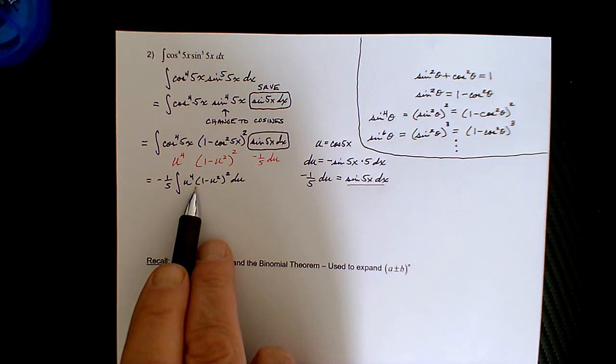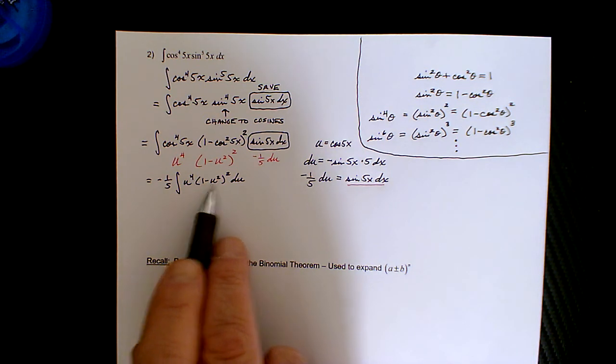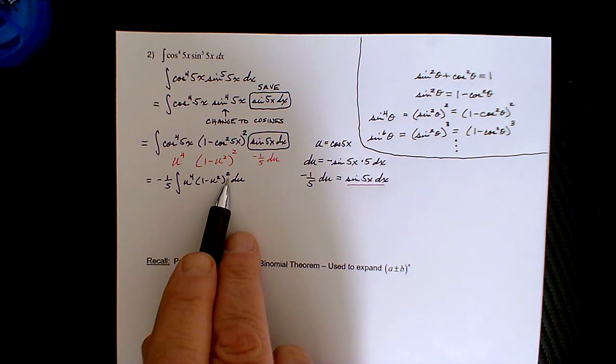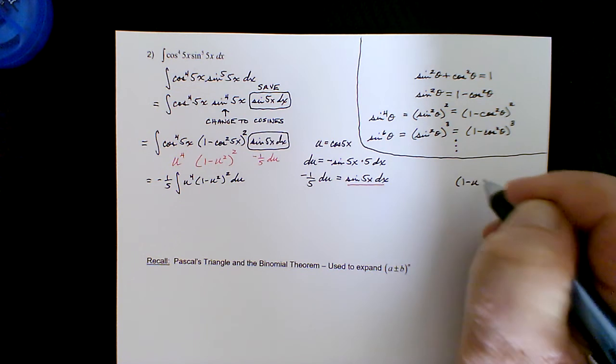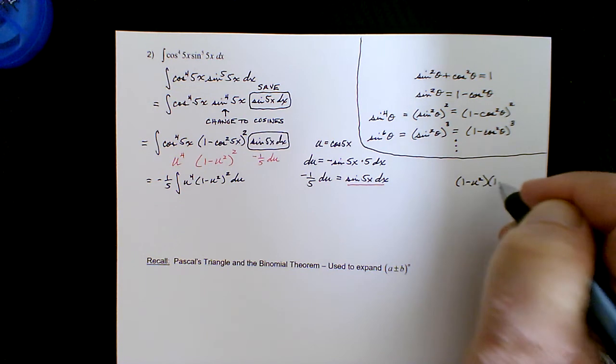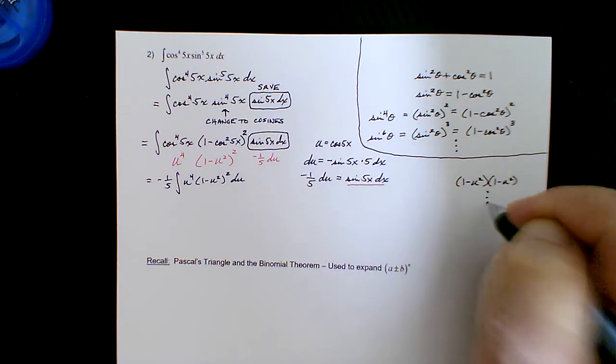And always remember, you can only integrate a sum or difference of terms of the form u to the n. So what we're going to need to do is just some basic algebra. If you have a binomial squared, obviously you could just FOIL that out. So if you need to, take it off to the side. 1 minus u squared times itself, and then FOIL.